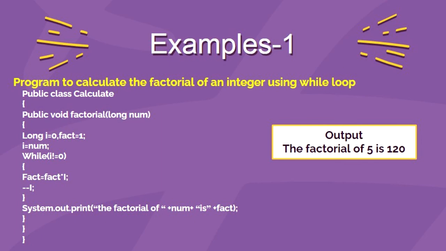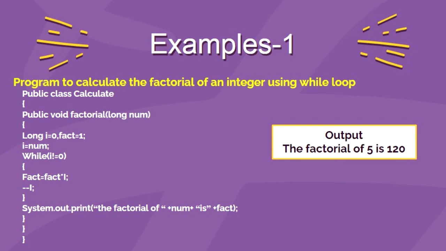Example 1. Here we are going to print the factorial of numbers. So the question goes like this. Program to calculate the factorial of an integer using a while loop. In this example, I am using a while loop: public class Calculate, public void factorial(long number). Now what is factorial? It is multiplying the number repeatedly.